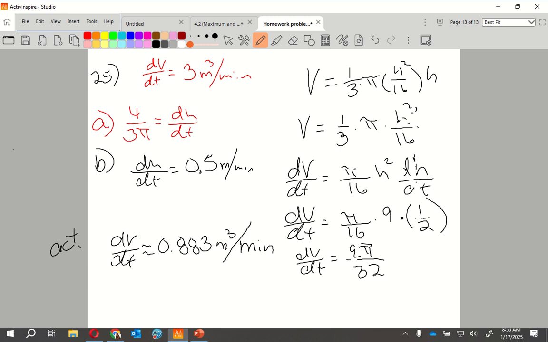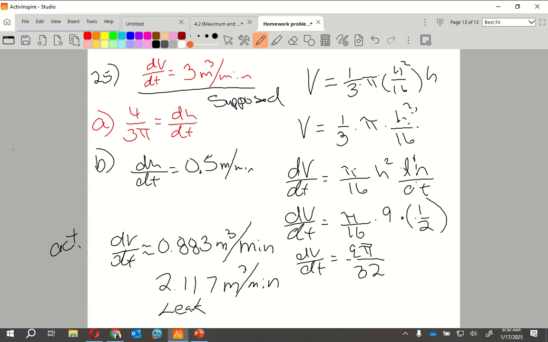And mathematically, my dV/dt should be right here, right? And it's asking how much is leaking. So if this is what I actually have, but this up here is what I'm supposed to have, I'm going to subtract, and it's going to be 2.117. That's my leak.